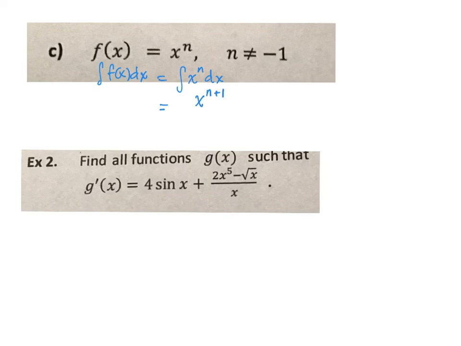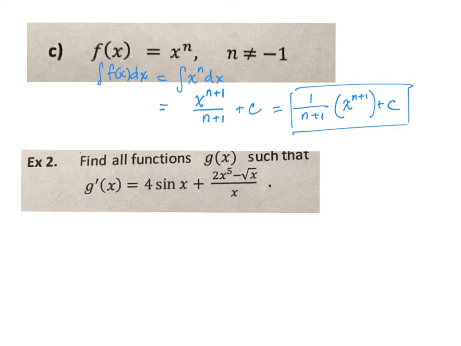And for the antiderivative, we're going to divide instead of multiply. So derivative, we multiply. Antiderivative, we divide by n plus 1 and plus c. And that is our formula for the antiderivative. So we can write it as 1 over n plus 1 times x to the n plus 1 plus c. And that's how we take the antiderivative.